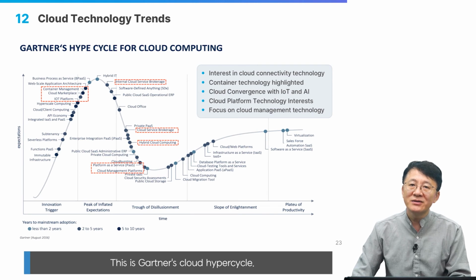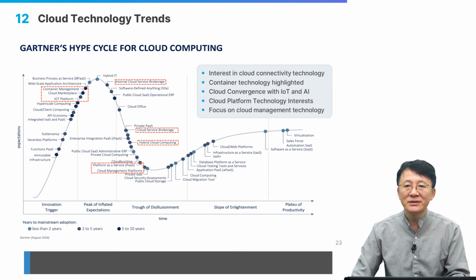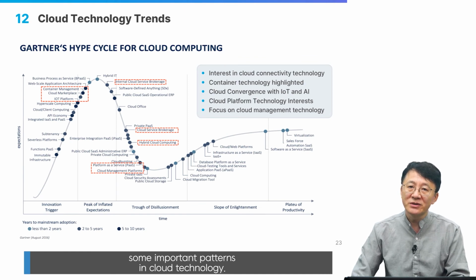This is Gartner's cloud hypercycle. In this figure, we can see some important patterns in cloud technology. First, technologies for cloud connection are on the rise as cloud becomes more diverse and patterns of use increase. The connection technology for cloud is attracting attention.